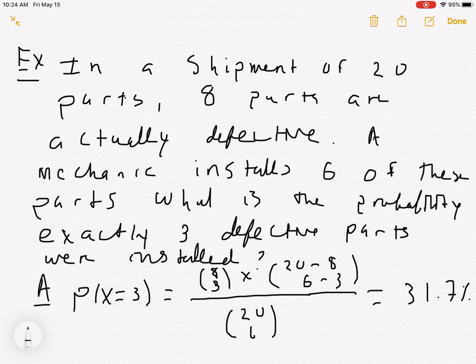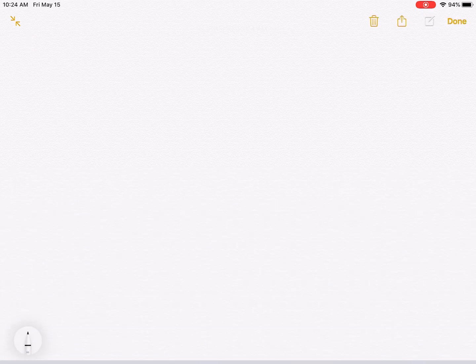Okay. My final note to you is that this chapter throws a lot of probability distributions.